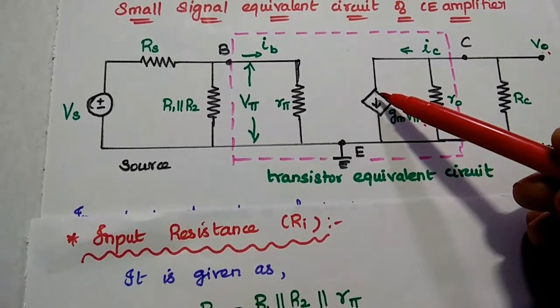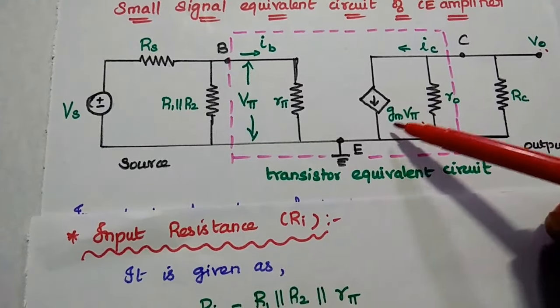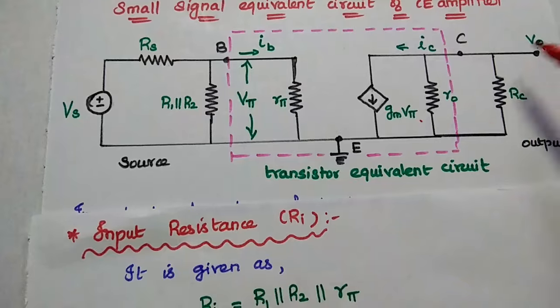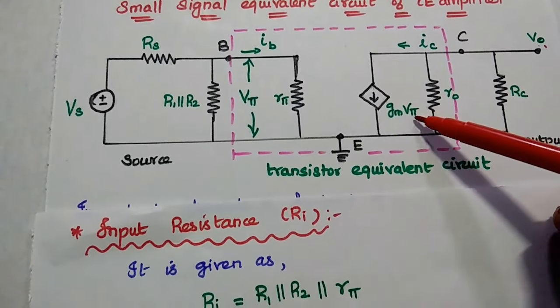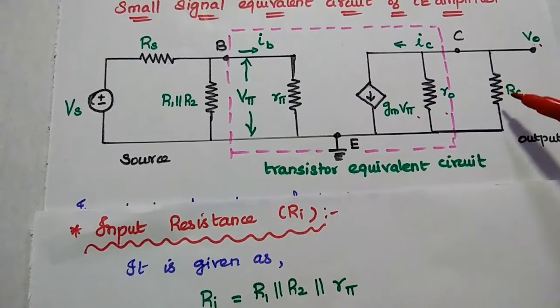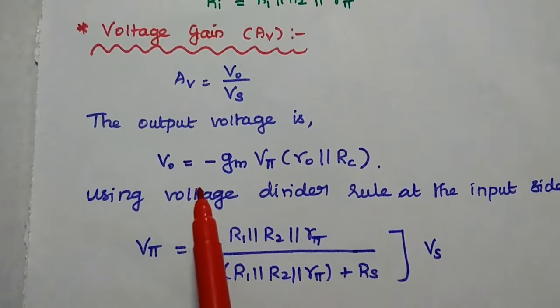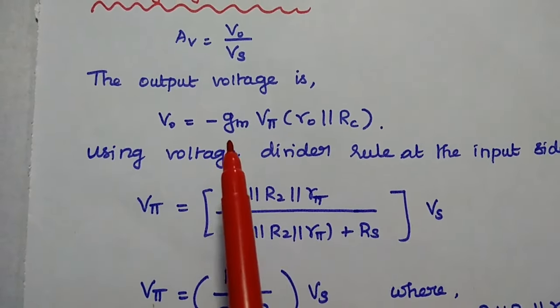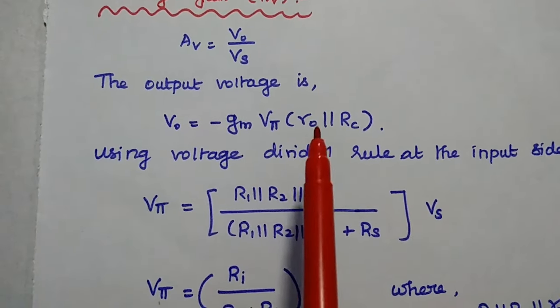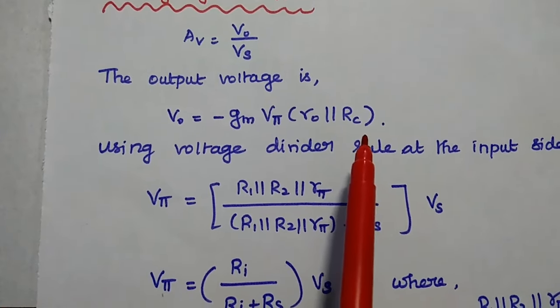Since the direction is plus to minus, we can get this output voltage Vo is equal to minus Gm V pi multiplied with this parallel combination. Okay, so that's what given here. The output voltage Vo is equal to minus Gm V pi into Ro parallel with Rc.